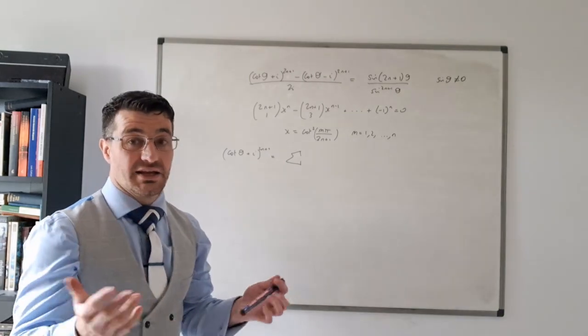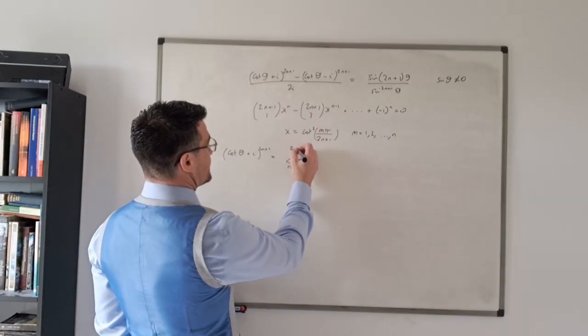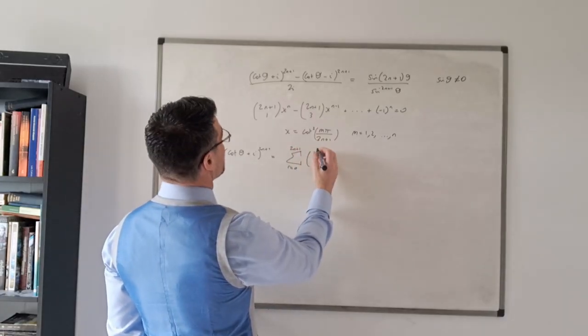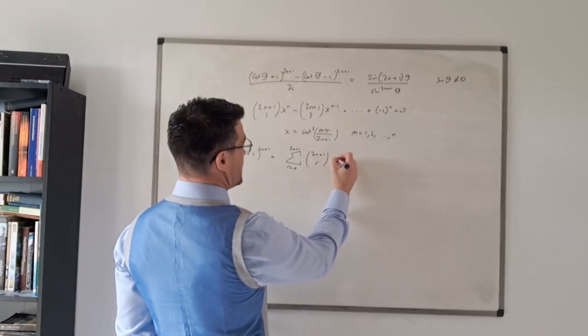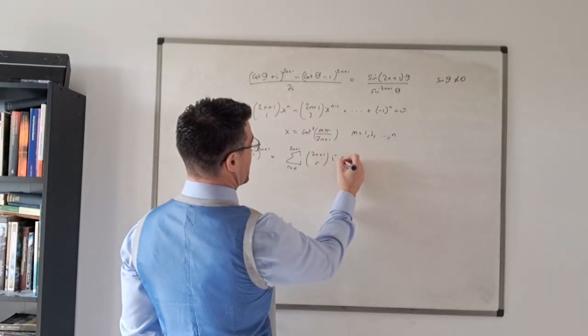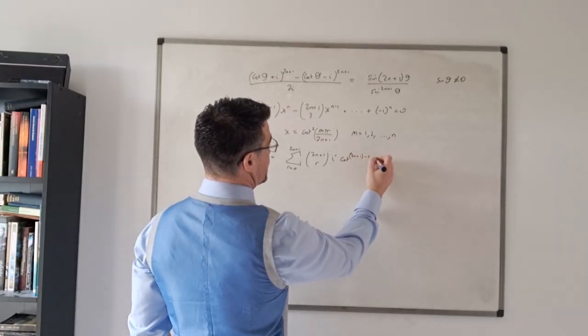If you don't, get it sorted. The sum from r equals 0 to 2n+1 of (2n+1 choose r) i^r cot^(2n+1-r) theta.